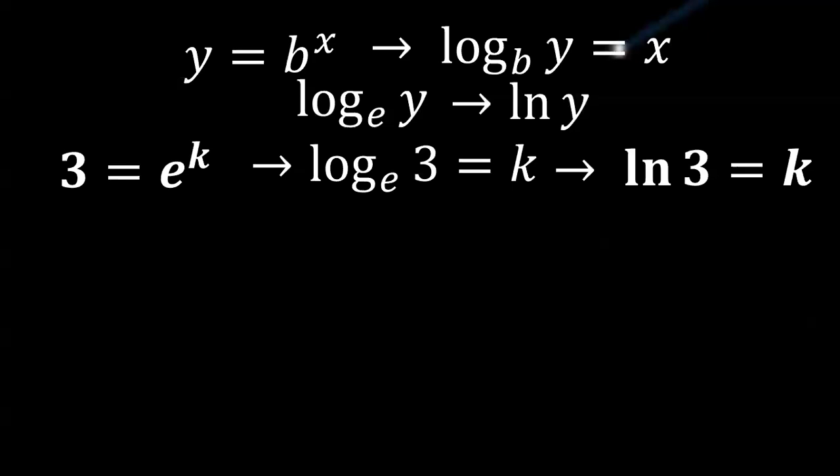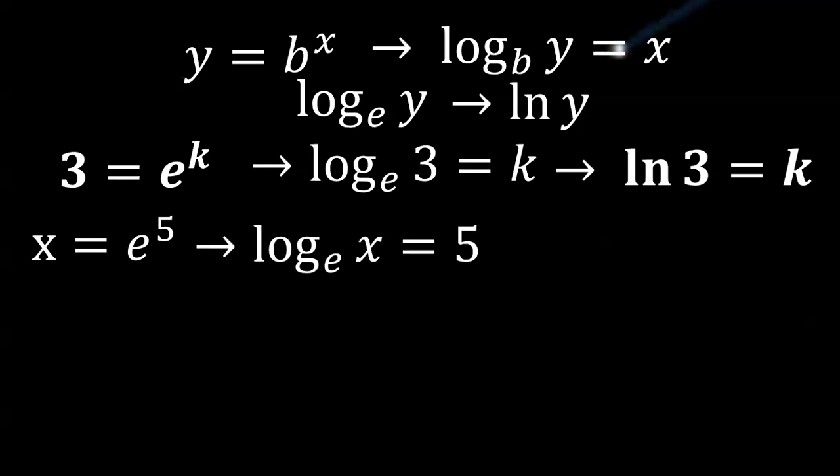I hope you understand. Next example, let's have x is equal to e raised to 5. We can rewrite it as the logarithm of x to the base e is equal to 5, and since the base is e, we write it as a natural logarithm. So the answer is ln of x is equal to 5.